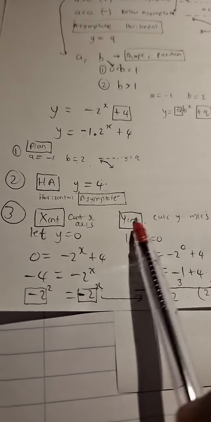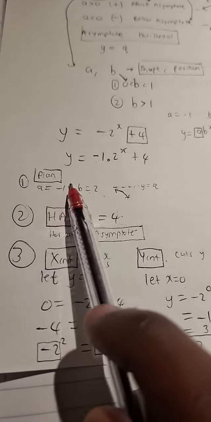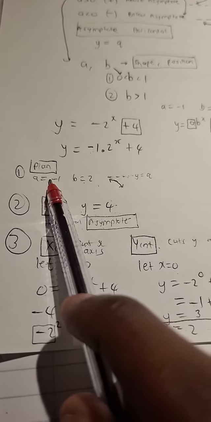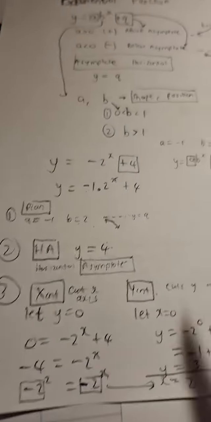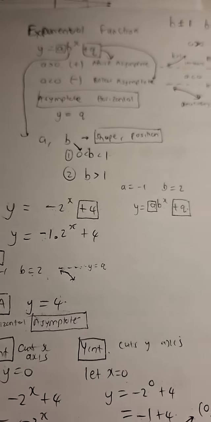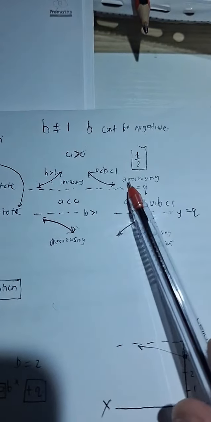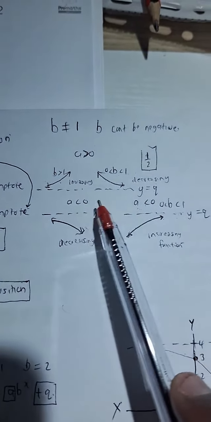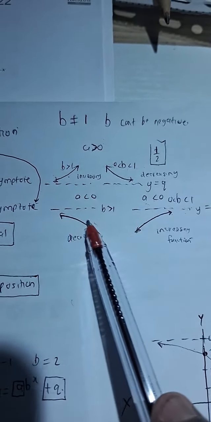Do you know why? Because even from the beginning, we expected, since a is negative 1, a is less than 0, and b is 2, in our heads already when we started sketching, we expected the sort of shape of the function. Why? Because we as maths gamers know that when a is less than 0 and b is greater than 1, this is the position of the exponential function.